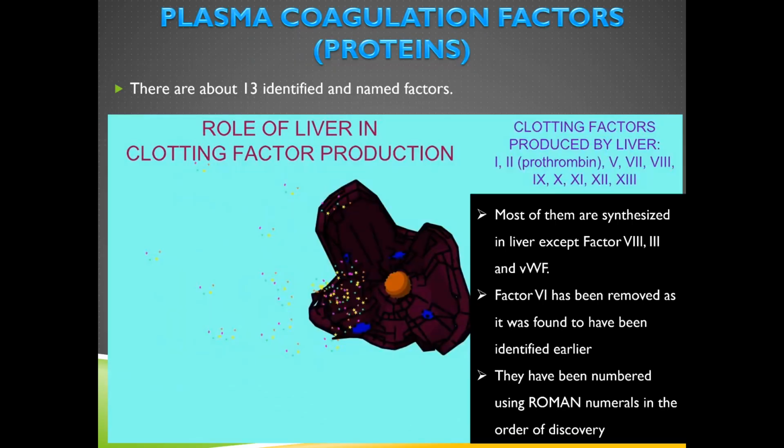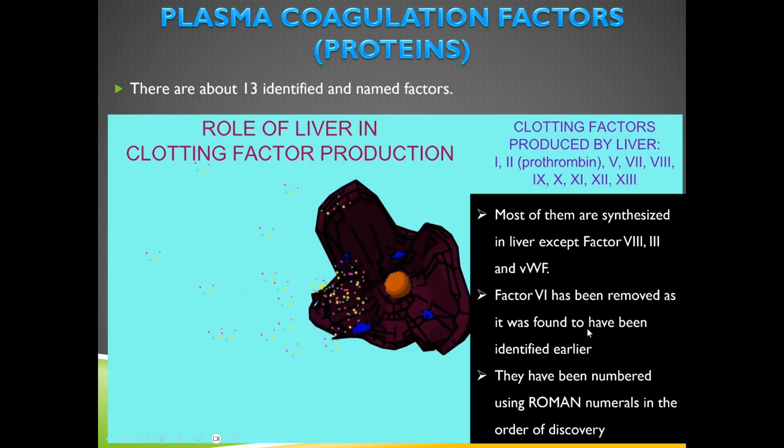These are the coagulation factors identified so far, and the clotting factors in the blood are mostly synthesized in the liver. Except factor 8, 3 and von Willebrand factor, all others are synthesized mainly in the liver, and factor 6 has been removed.